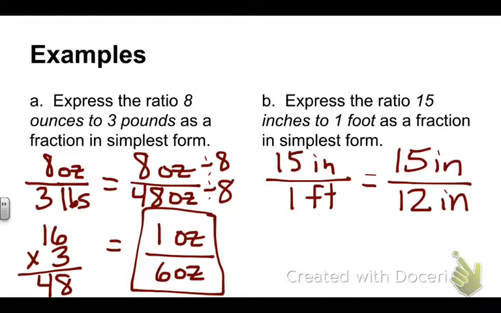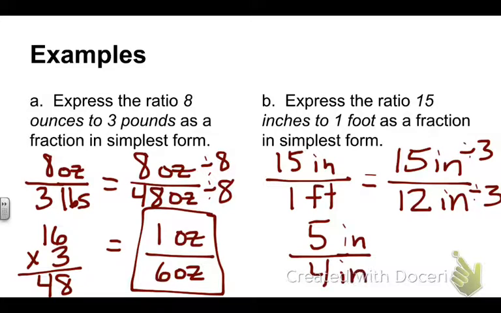There's 12 inches in a foot. And to reduce that, I know I could divide them both by 3. And that's going to leave me with 5. I keep forgetting these labels. I'm sorry. 5 inches out of, or 5 to 4 inches.